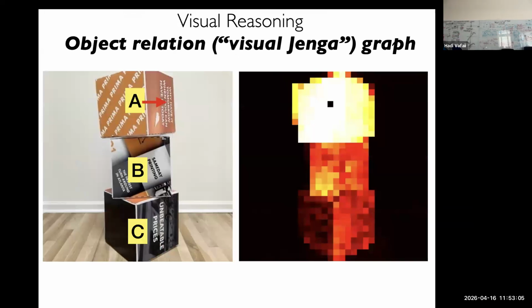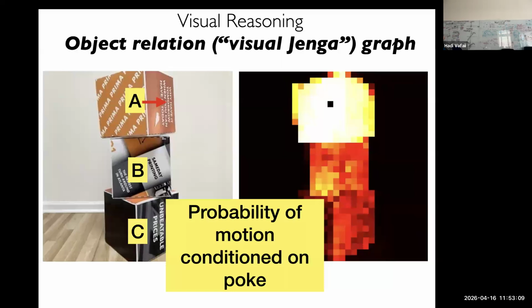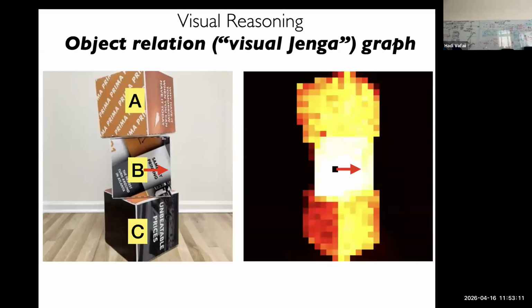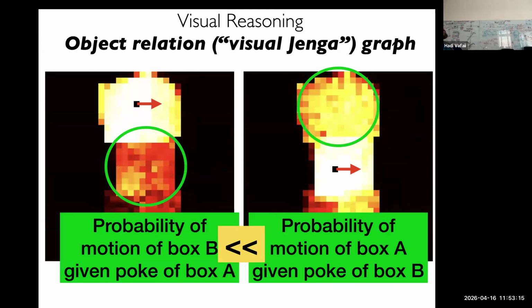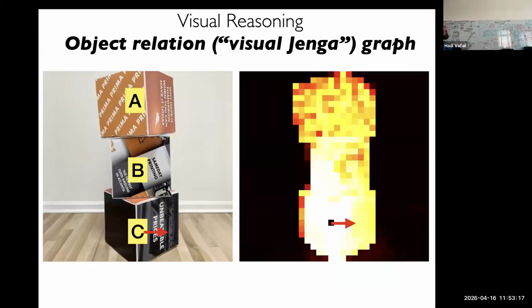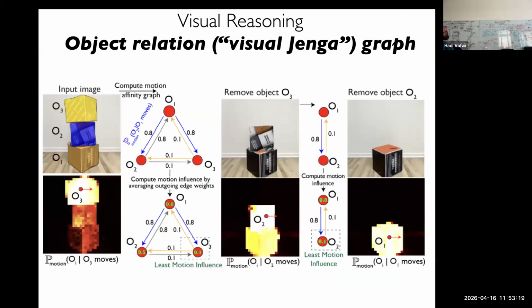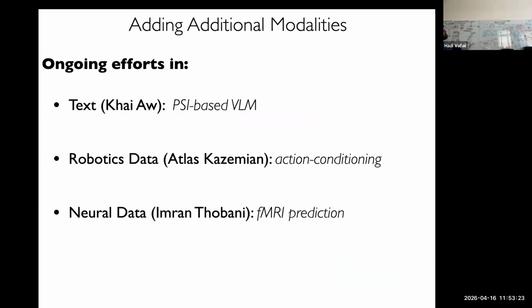I'm not going to get into the details of exactly how this works, but basically you discover the objects and you figure out, by doing a sequence of very simple generic reasoning operations of the kind that I've just told you, effectively the graph of interactions between the objects. So you can solve visual Jenga in a generic way. And so the point is that you can take these three concepts and do a bunch of stuff with them. I've told you the three concepts, how they fit together, and how they give you this cycle of improvement.